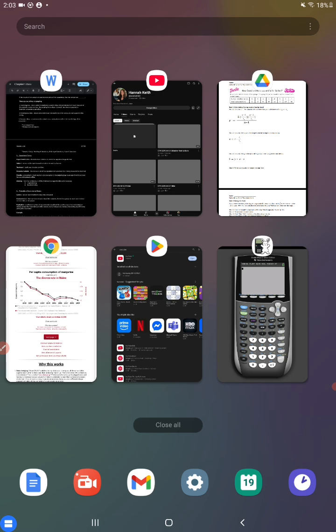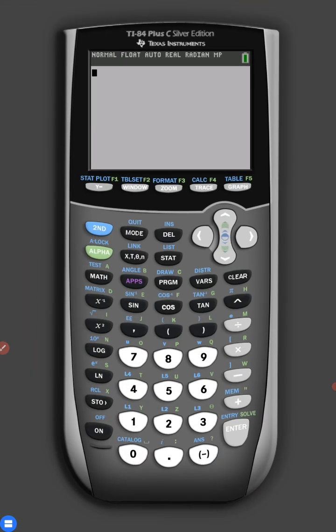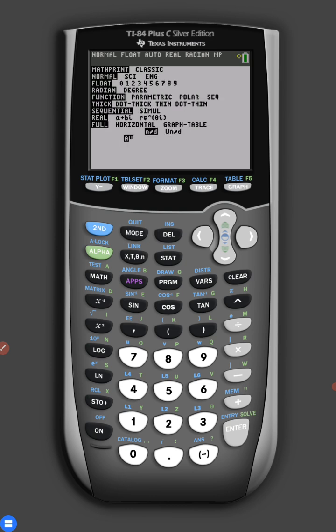Okay? So if you remember from last time, we can use the stat button to enter in some data, but there's something that I want you to do first. If you click the mode button and scroll down until you see this little line that says stat diagnostics, you need to make sure that that is turned on.